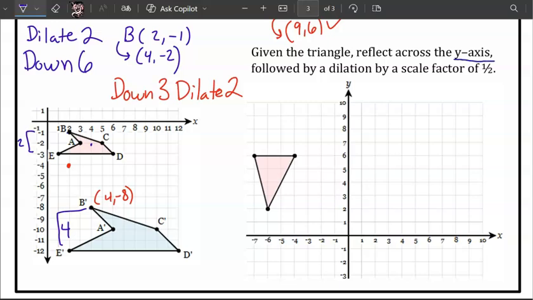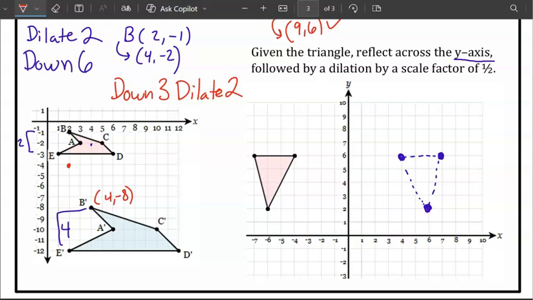Okay, first let's reflect it across the y-axis and draw that picture. And we could put dash lines since we know that that's not the final picture.